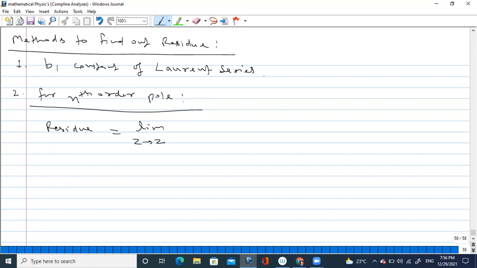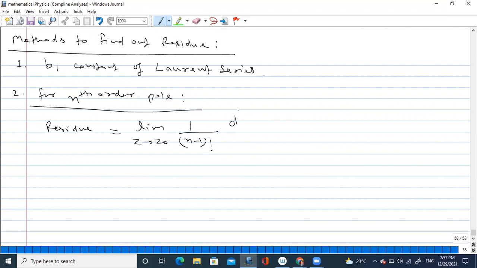Limit z tends to z0, where z0 is your nth order pole, 1 upon factorial n minus 1. Means if an nth order pole is there, take 1 lesser than that. Understood?